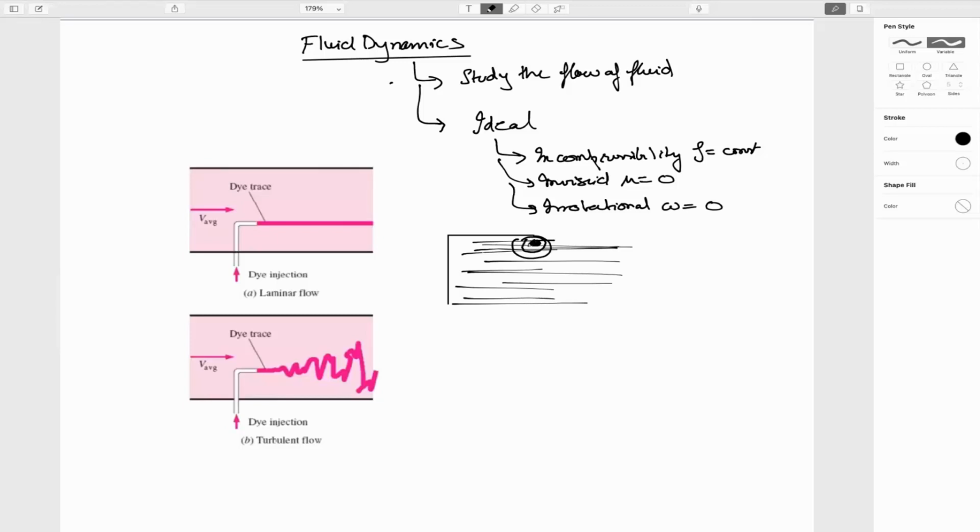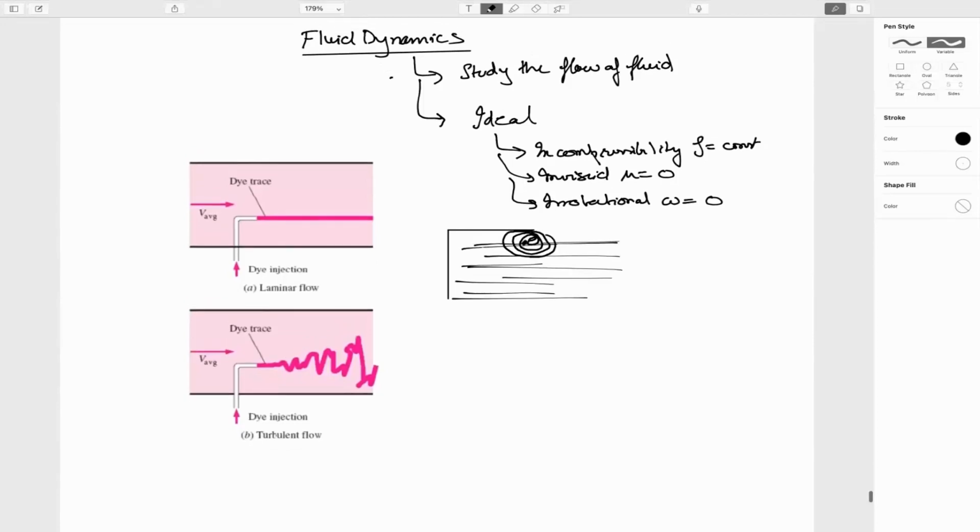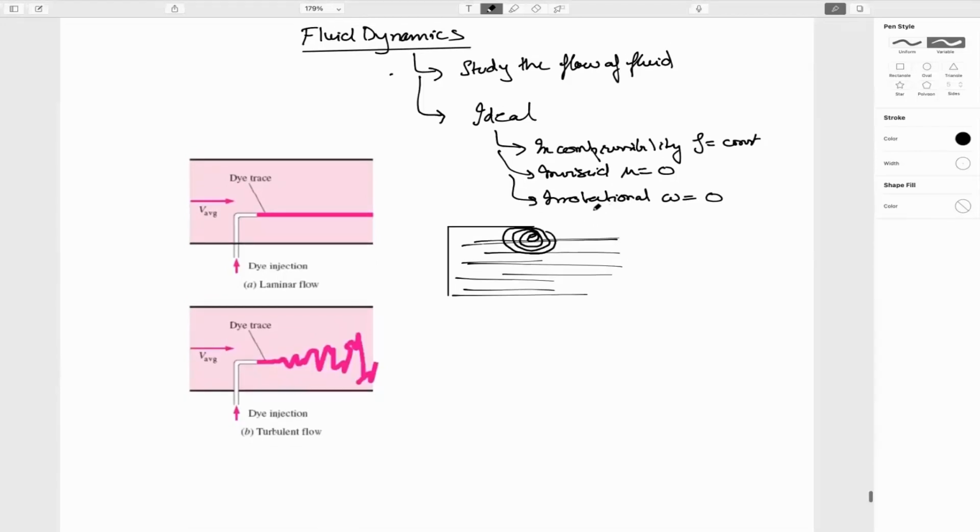It is going like this. If you put something here, it will go deep inside the fluid, and you will be unable to take it out because it is a swirling or rotational flow. So as a part of the course, we will only study flow where there shouldn't be any angular motion of a fluid particle.